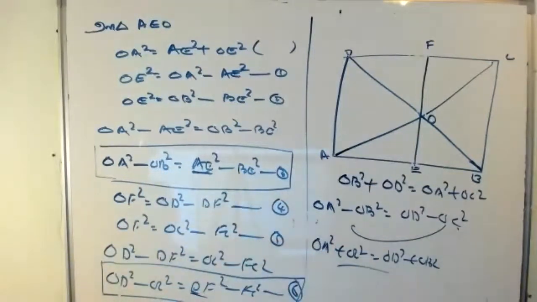Look at the figure. So that means RHS equal, LHS equal. OA square minus OB square equal to OD square minus OC square. Then adjust the side, we got the answer.